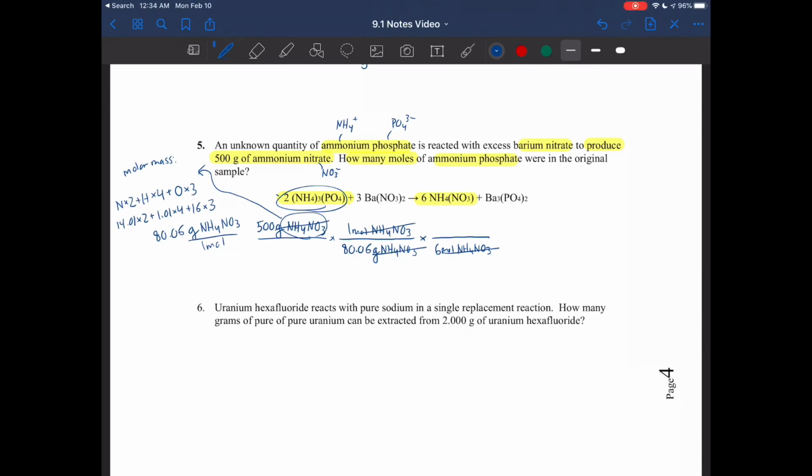It looks like 6 moles of NH4NO3 for every 2 moles of (NH4)3PO4. Plugging that in to make sure everything cancels out correctly. Now we can calculate 500 divided by 80.06 times 2 divided by 6 should get us our answer in moles of (NH4)3PO4, which rounds out to about 2 moles of that ammonium phosphate.